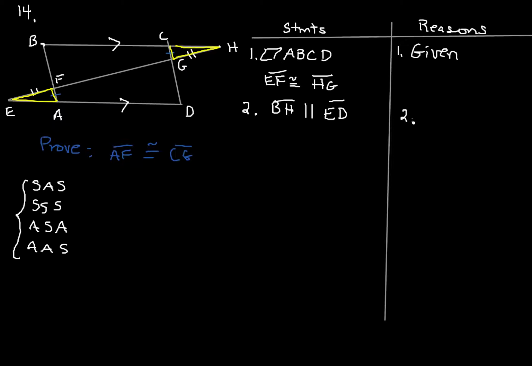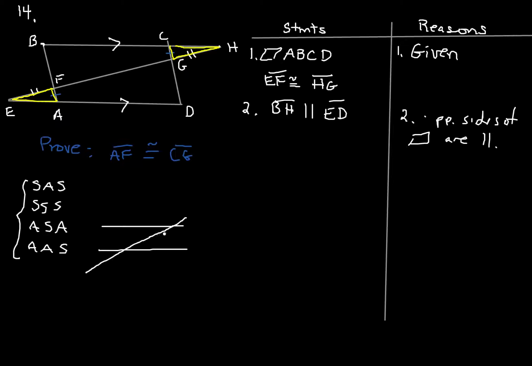And that is because opposite sides of a parallelogram are parallel. Alrighty? The reason I'm going to do that is if you have parallel lines, they have to be cut by a transversal, so let's cut these by a transversal, then we know that the alternate interior angles are going to be congruent.